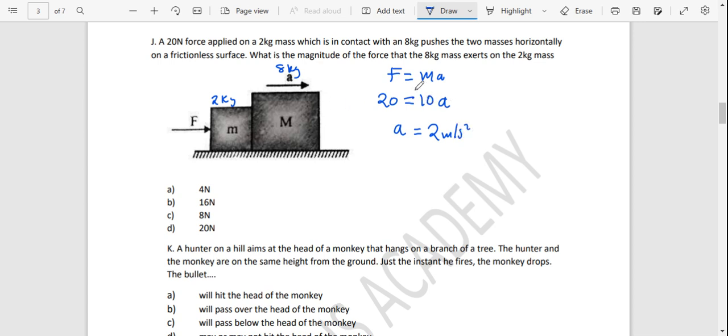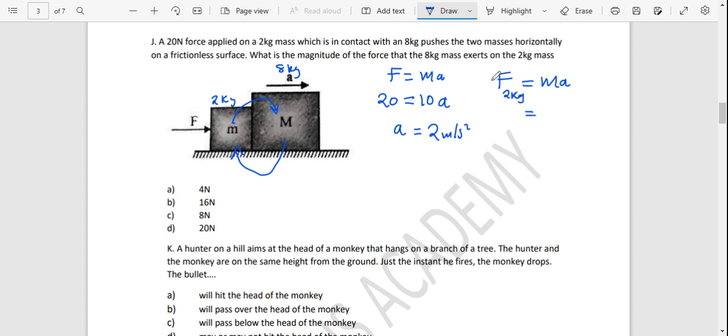To see the magnitude of the force that the 8 kg mass exerts on the 2 kg mass, we need first to find the force that the 2 kg mass is exerting on the 8 kg mass, because we are applying a force on the 2 kg object. Using the same equation, force is equal to mass times acceleration. Now we're talking about the force that the 2 kg mass is exerting.